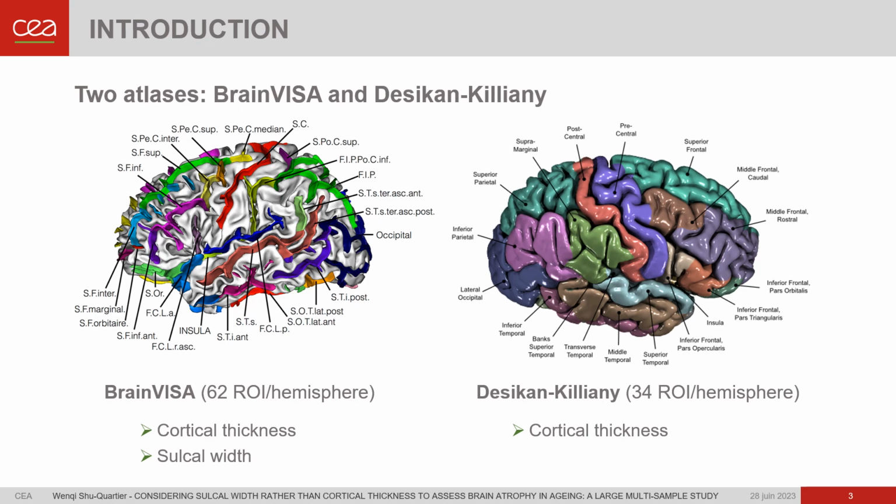Presently, the Desikan atlas is widely employed to investigate brain atrophy. We assessed comparatively the performance of sulcal opening and cortical thickness using the BrainVisa atlas, as well as evaluated its performance in relation to cortical thickness obtained from FreeSurfer on the Desikan atlas.